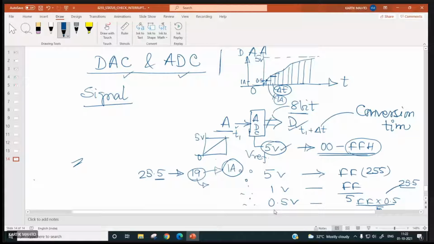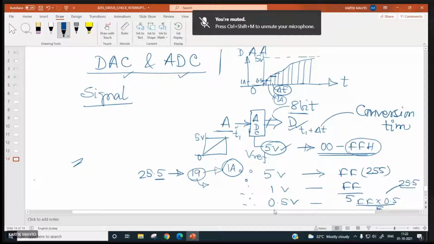Okay. Any other answer? Sir, analog is more accurate than digital. In theory, analog is more accurate than digital, but in practical applications, digital is more accurate.